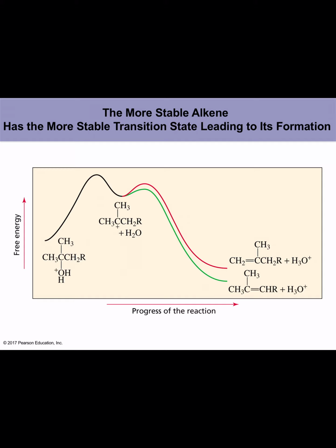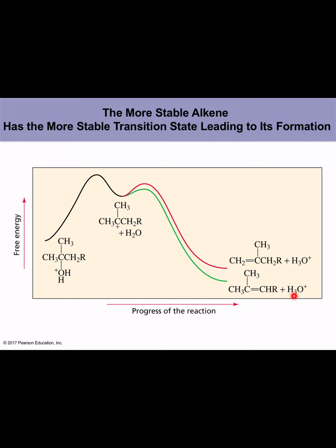The more stable alkene has the more stable transition state leading to its formation. So the first thing is protonation of the alcohol, forming a positively charged alcohol, and then carbocation forms by removing the water molecule, and from here it can take two paths: formation of the most substituted alkene or the less substituted alkene.